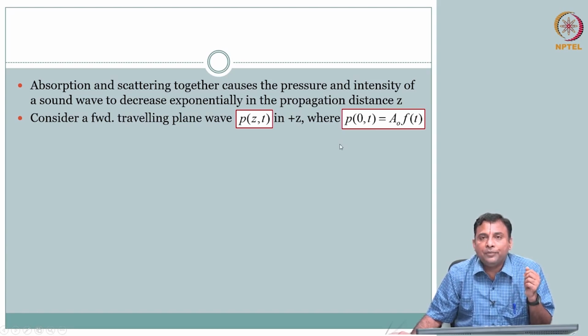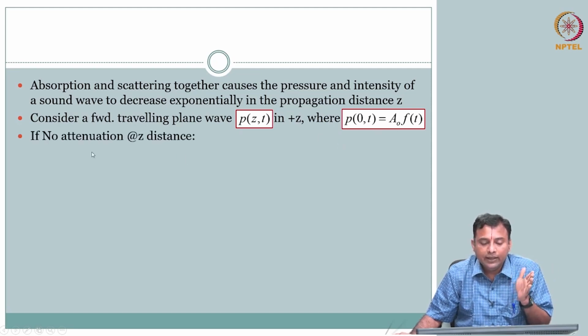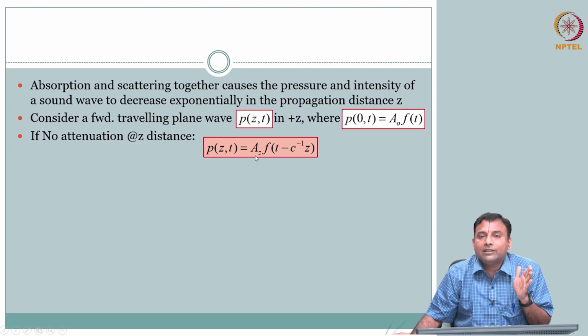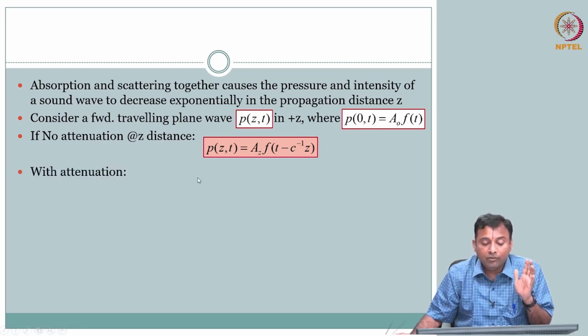So you can have some amplitude of that. But what happens after it travels a certain distance, if there is no attenuation, is straightforward. Your P of z,t will have the amplitude A naught, with the same wave equation that we had. But if you have attenuation, what is going to happen is this, this has to be A naught, this has to be A naught.